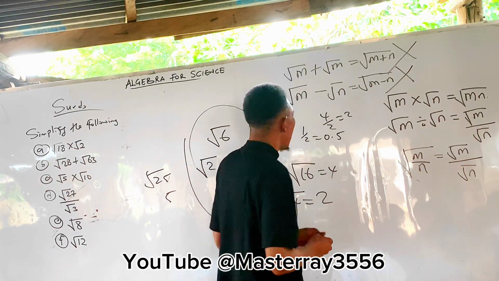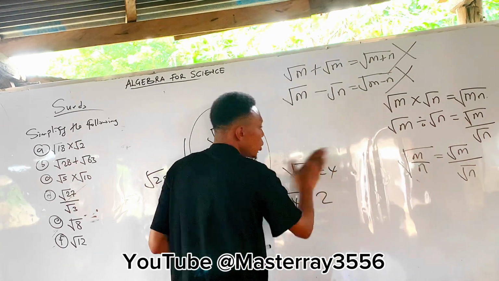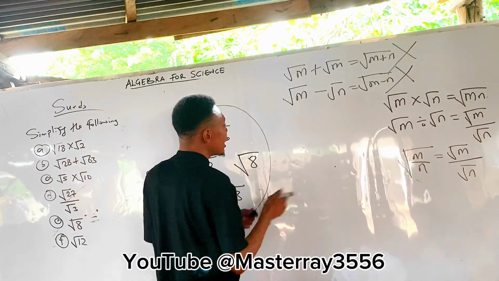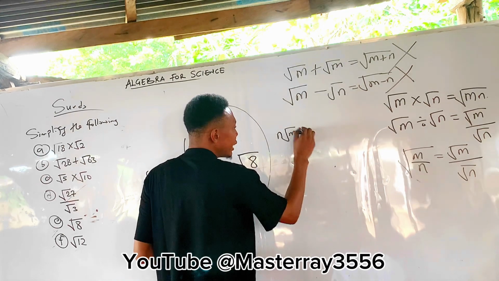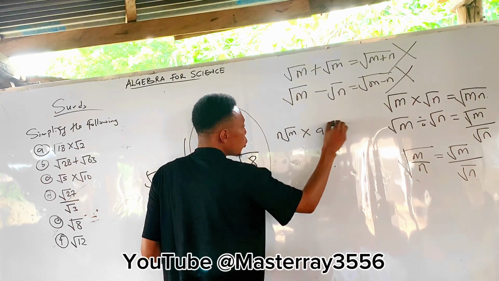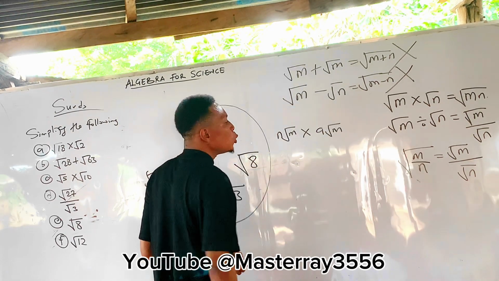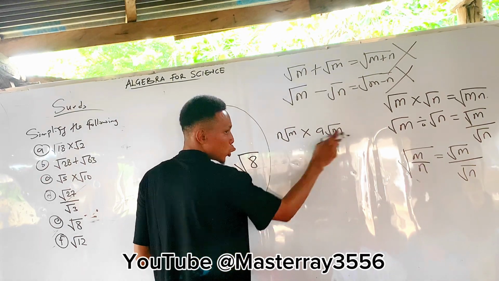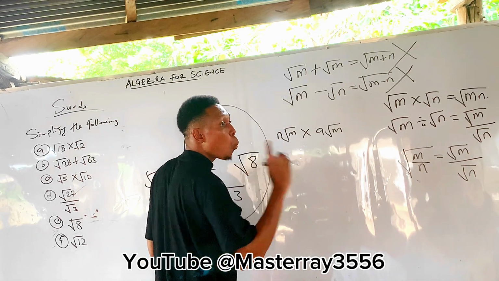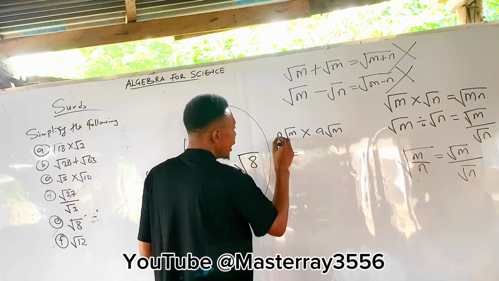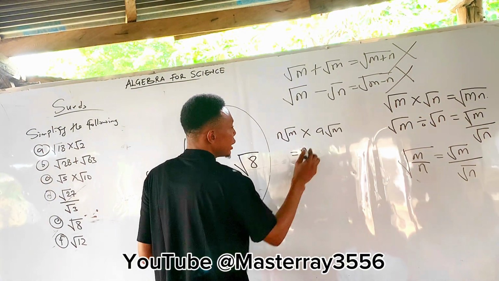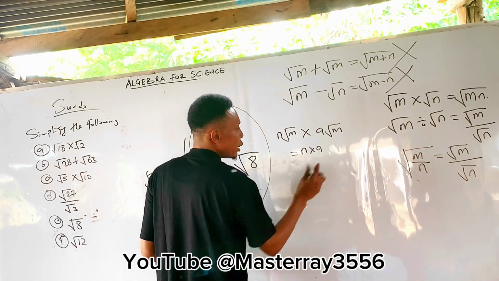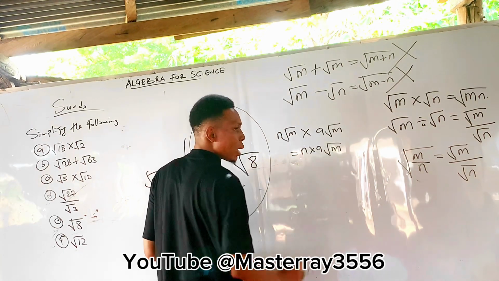Are you following? And another thing in surds, for example, if you have something like n root m times a root m, since you have the same root, you pick one. So it's n times a, then root m.